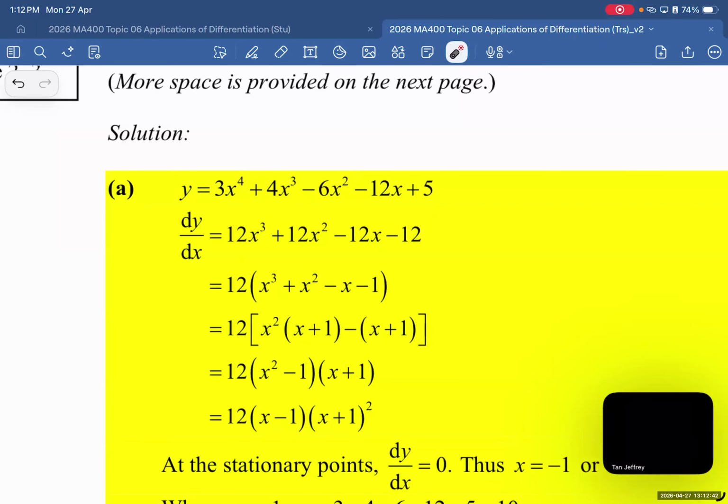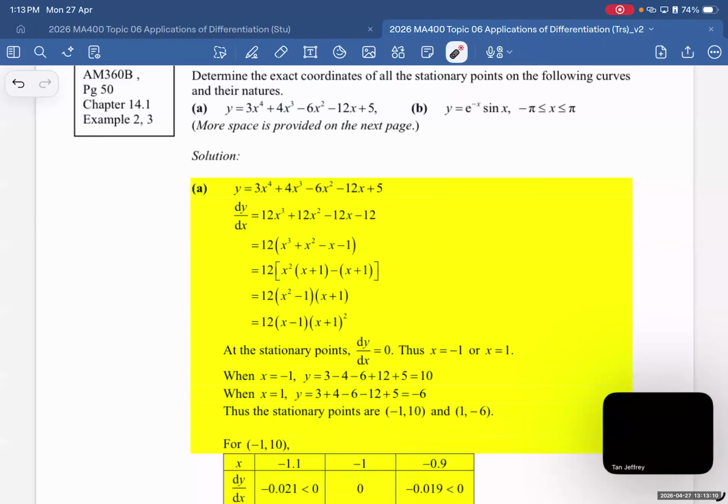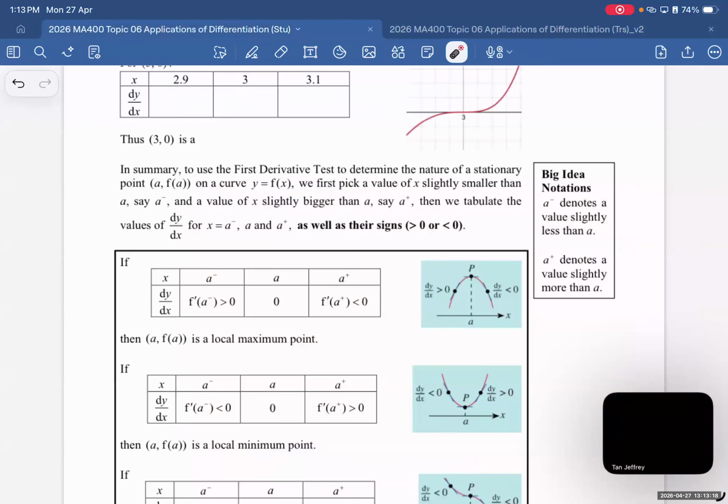Pi over 4 is about 0.75, test at plus minus 1. Draw a table, use a ruler, please.